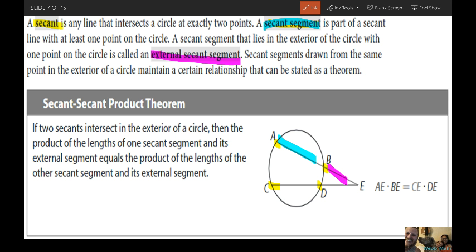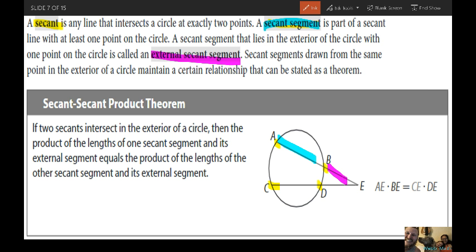No, all right. But secant segment, external secant segment is the guy on the outside. Okay, so secant product theorem. If two secants intersect with the exterior of the circle, then the product of the lengths of the secant segment and its external segment equals the product of the lengths of the other secant segment and its external segment.